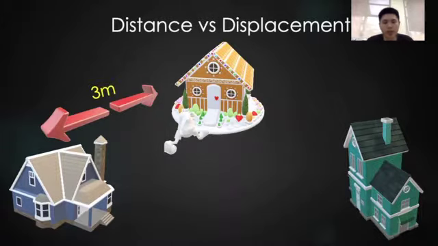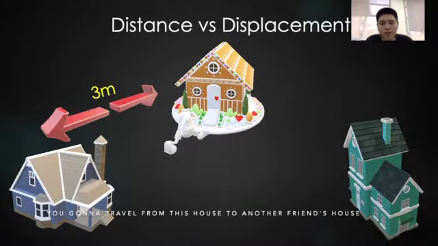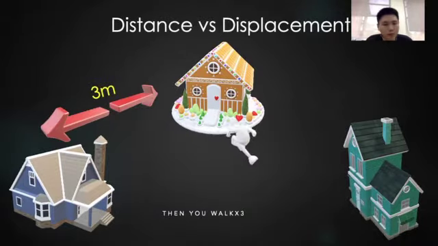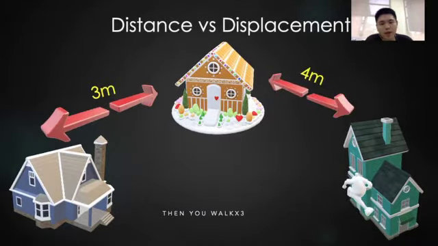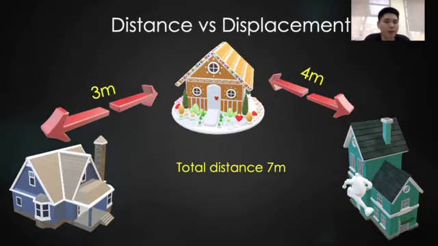Next, you travel from this house to another friend's house. Then you walk 4 meters. What is the distance that you travel from your house to the green house? Is it 3 meters plus 4 meters? Yes. So the total distance is 7 meters.